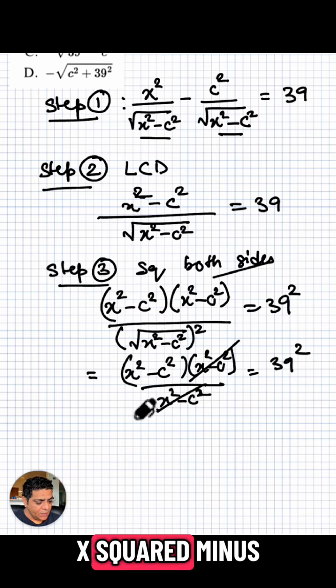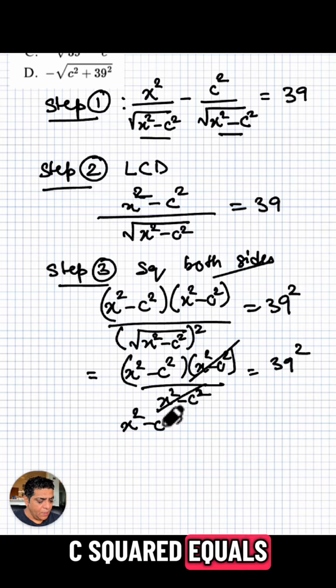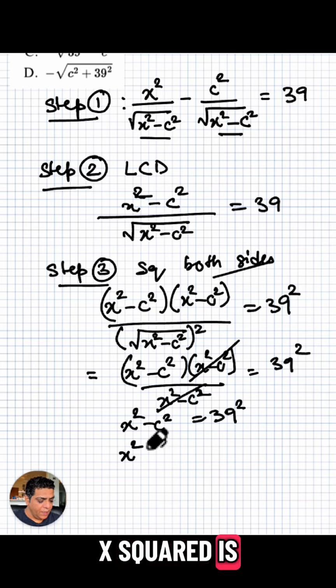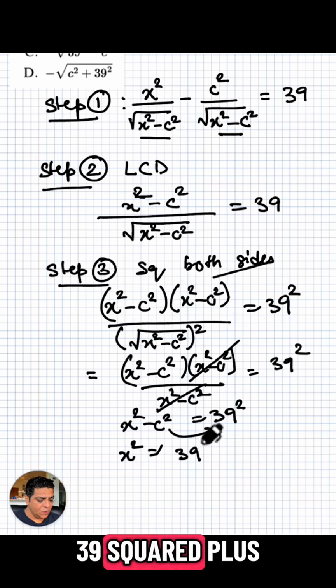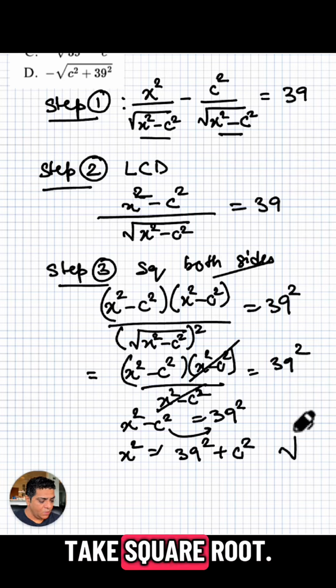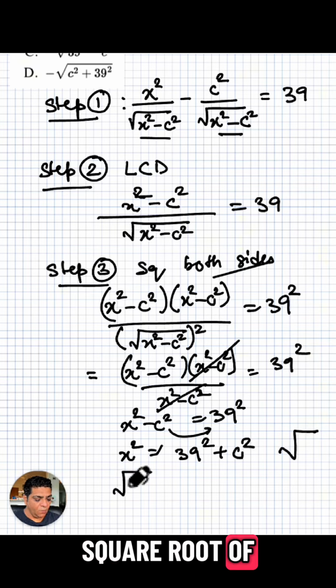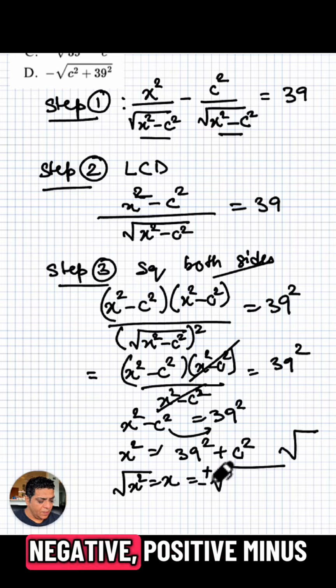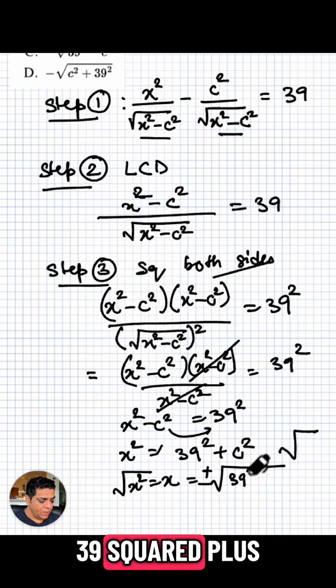Now we have x squared minus c squared equals 39 squared. Bring the negative c squared to the other side, so x squared equals 39 squared plus c squared. Then take the square root of both sides, so x equals positive or negative the square root of 39 squared plus c squared.